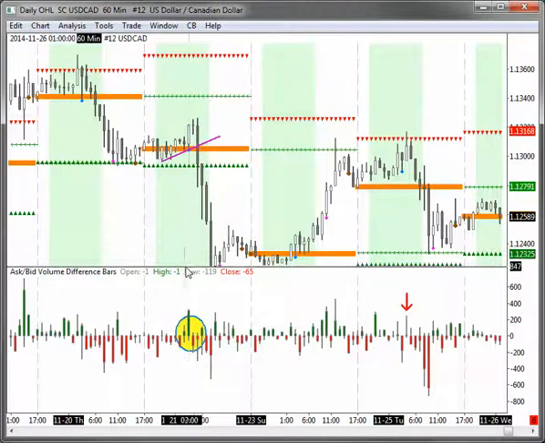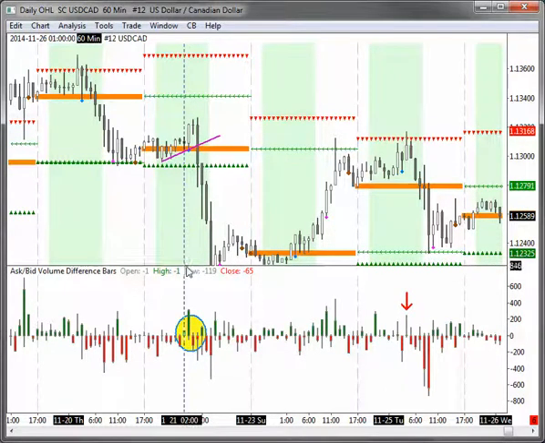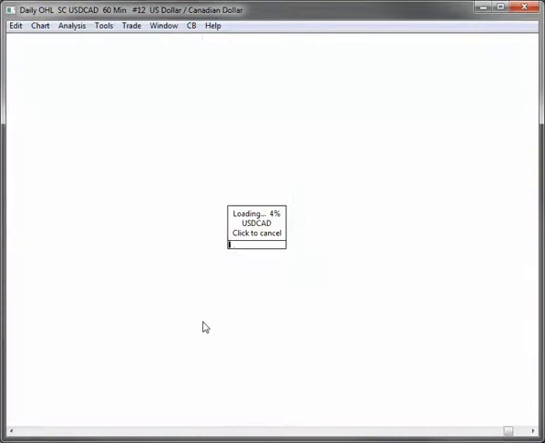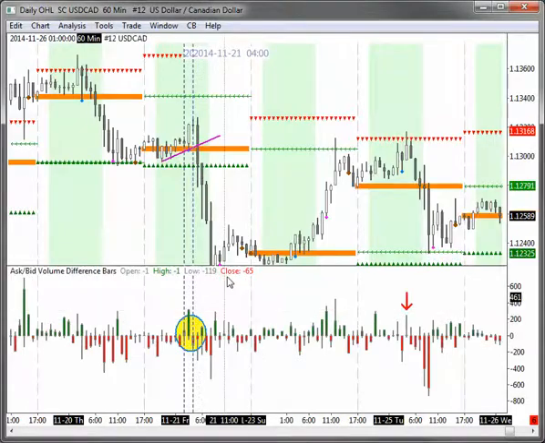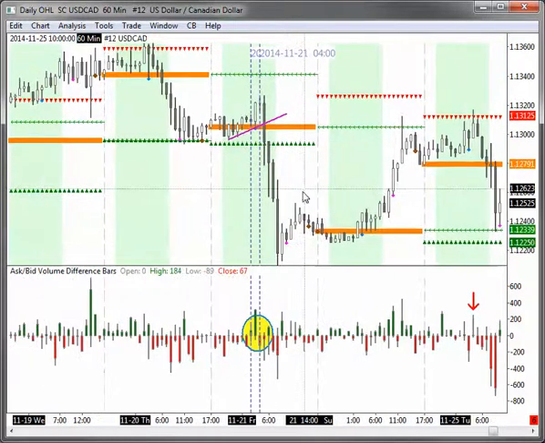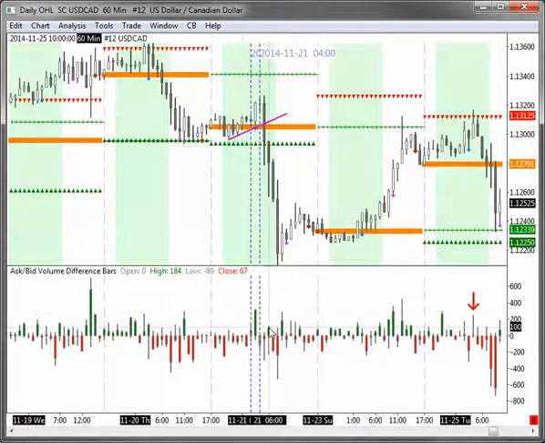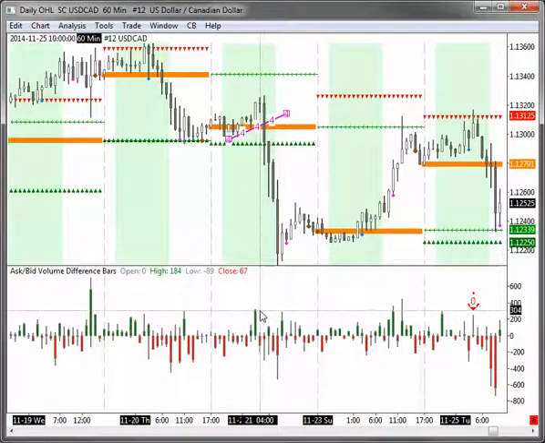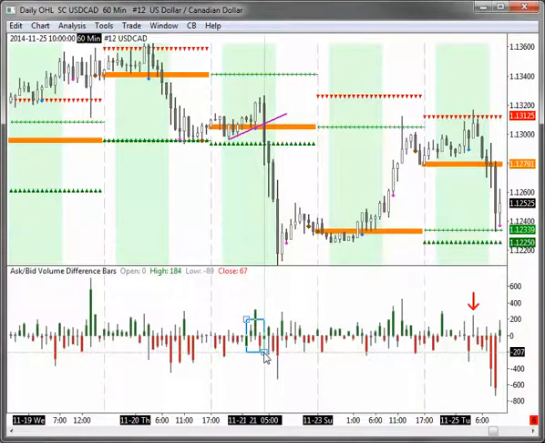In particular, I'm looking from this bar to that bar. Really, it's in here. That's what I want to look at, which is going from here to here.